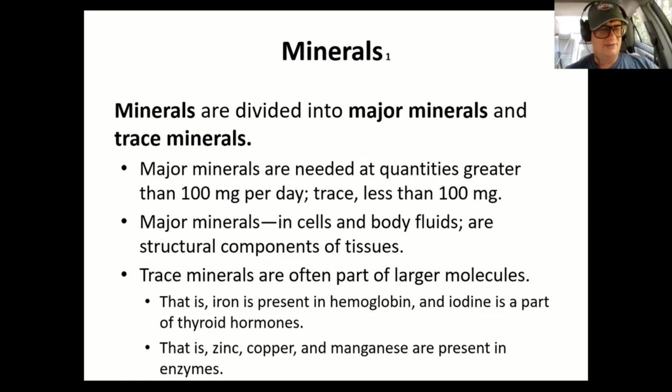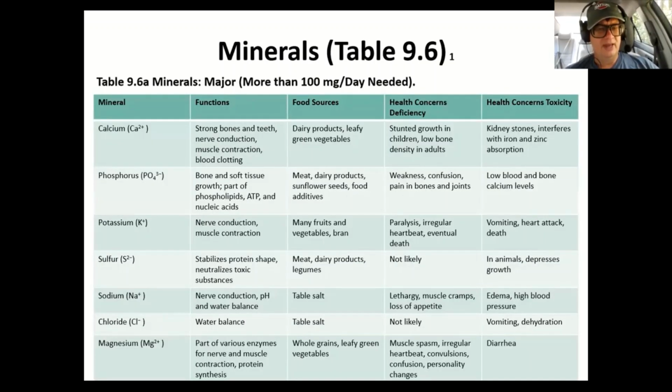It doesn't have the right shape to do its job if it doesn't have B vitamins. Anyway, let's move on. So here we have a table with different minerals, what they do, where we get them, what happens if you have too little, what happens if you have too much.